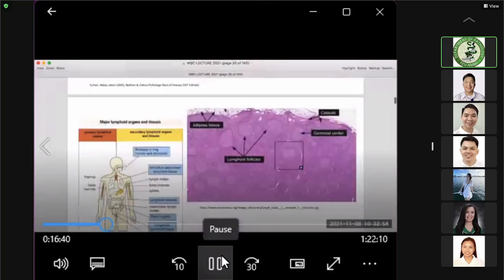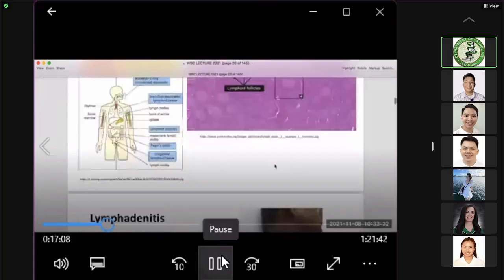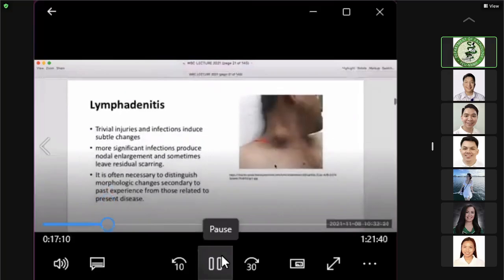At the periphery, you have fatty tissue surrounding it, then you have the capsule that surrounds the lymphoid tissue or the lymph node, and then within the lymph node, you get to see these germinal centers, lymphoid follicles, and then in between the parafollicular region or the T cell centers, dito, mga B cells are the ones that you see there.